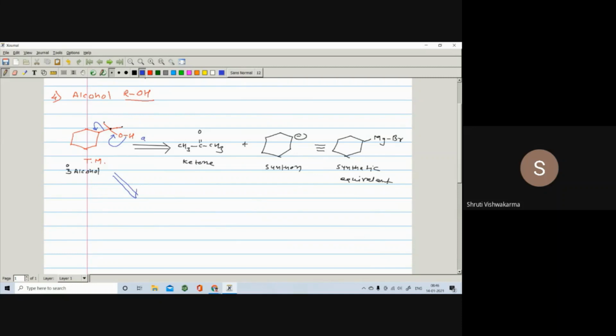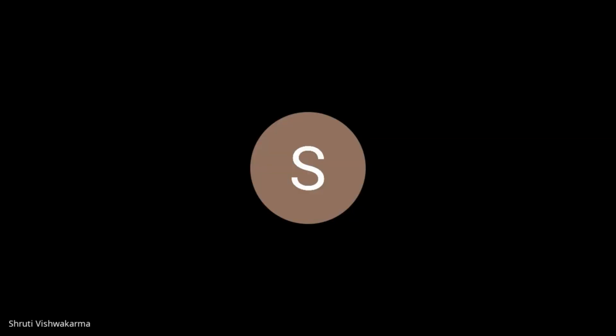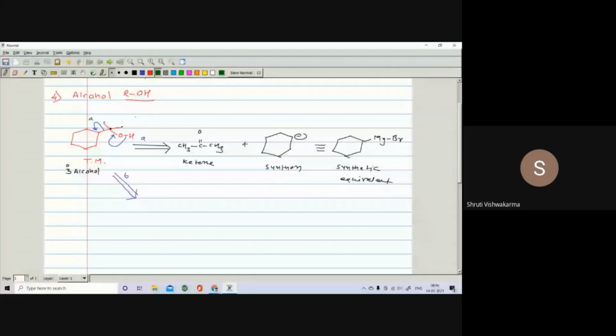So this is your path B, and the earlier one is path A. In path B you can open this sigma bond on one of the carbons, here is a CH3. So you can get the corresponding fragments: a cyclohexyl ring with C=O and CH3, plus CH3 negative.